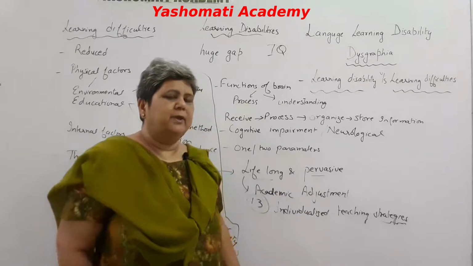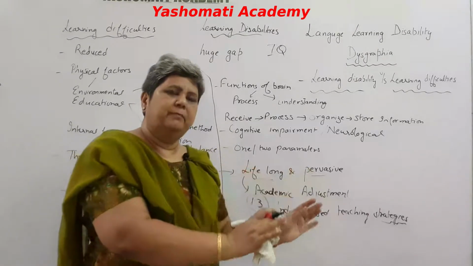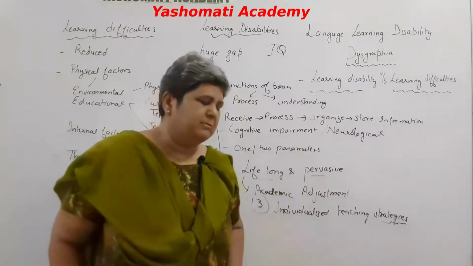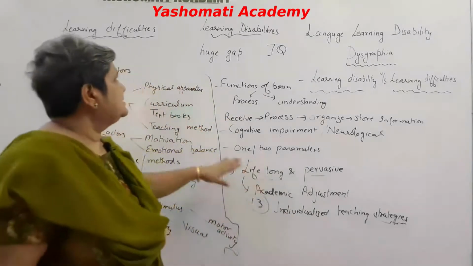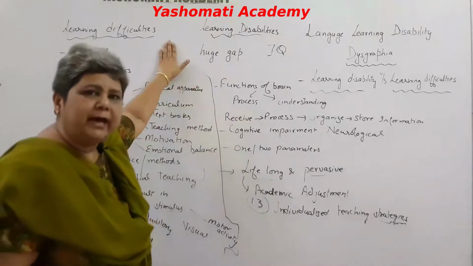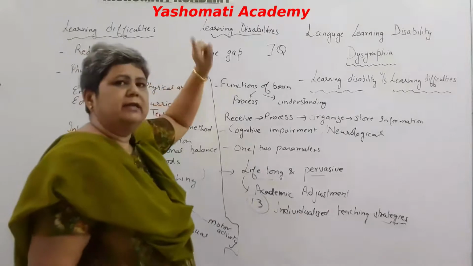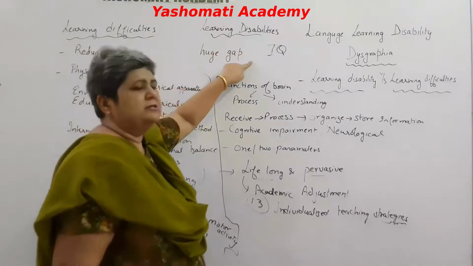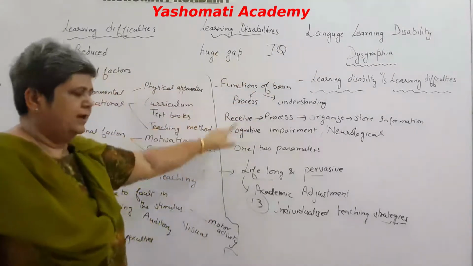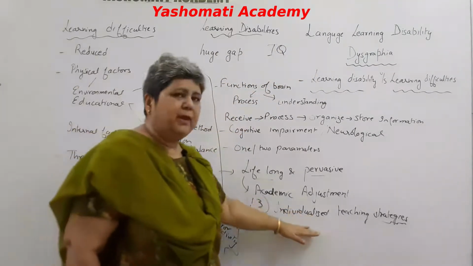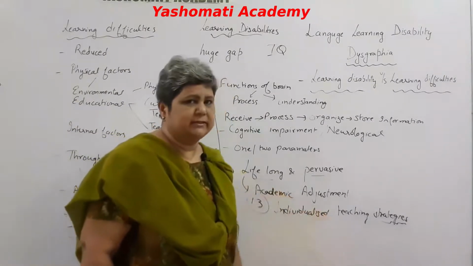You cannot implement a plan made for student A on all students of the same class, because these plans are individualized. So that means the teacher as well as the parents need to understand this: if the learner, that is their child, is having a certain problem with learning disability, that is dysgraphia, they will have to help him by using an individualized teaching strategy.